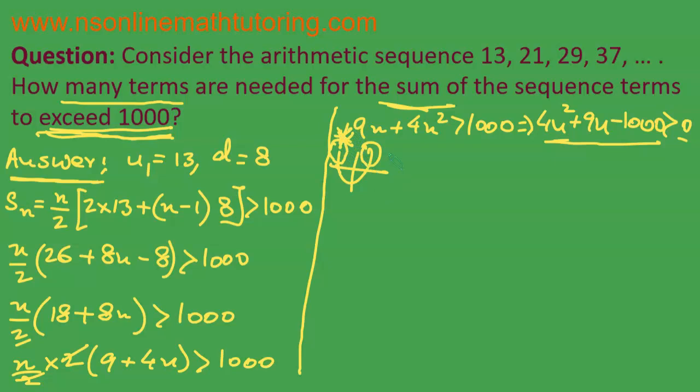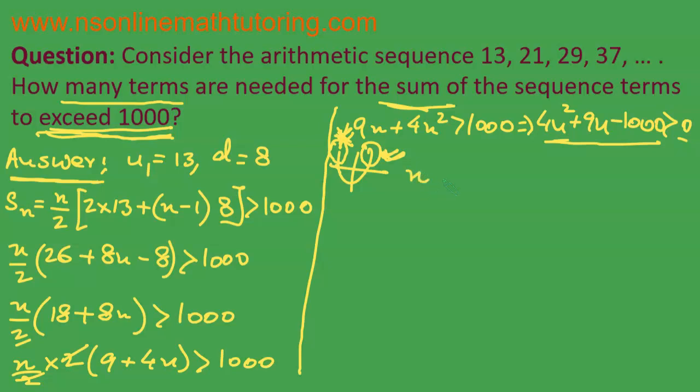We cannot take this part, we will take only this part, because this part has positive n values. We cannot take the negative n values. We will have two values of n, and one of them has to be rejected because it will be a negative number. So again we start with the quadratic formula.